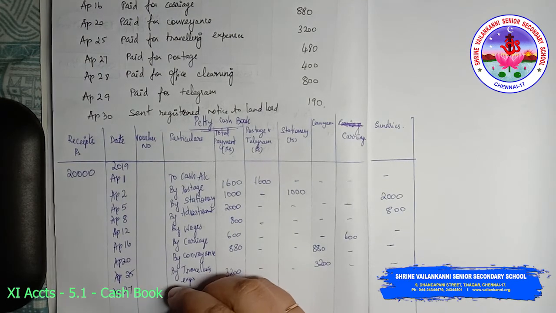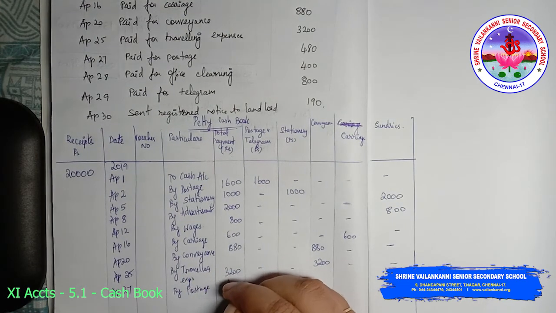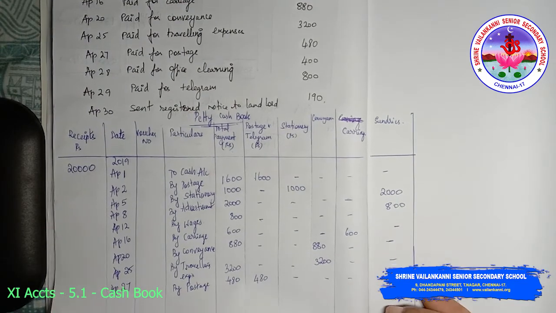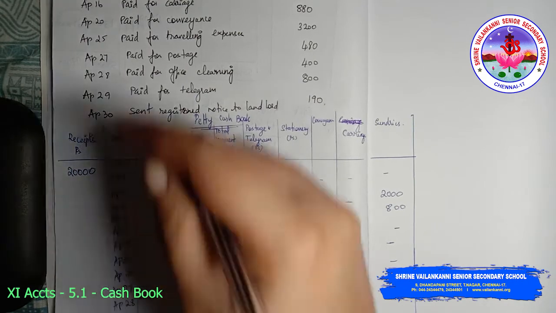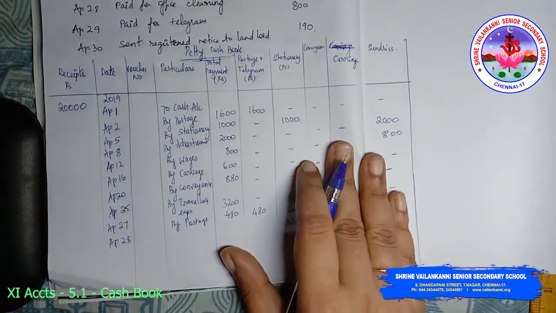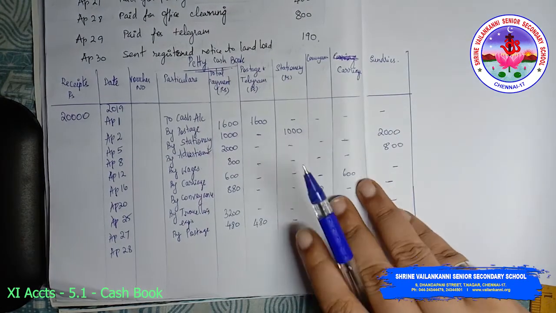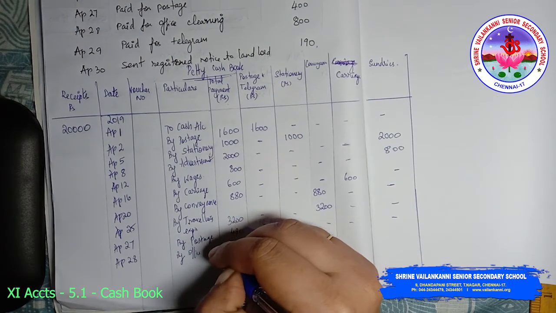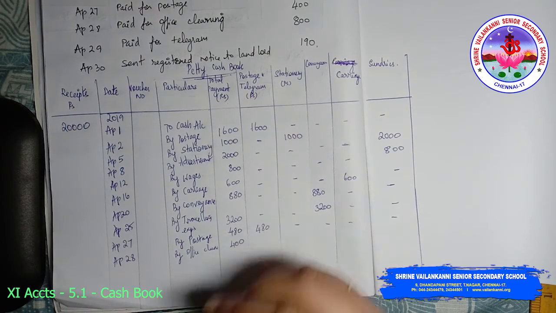April 27, we have by postage again. Postage is 480, so I'm going to write it across postage. The next one, April 28, paid for office cleaning 400, by office cleaning account 400 under total.